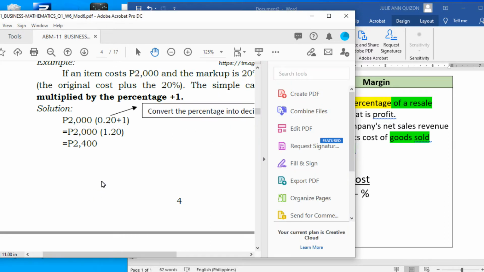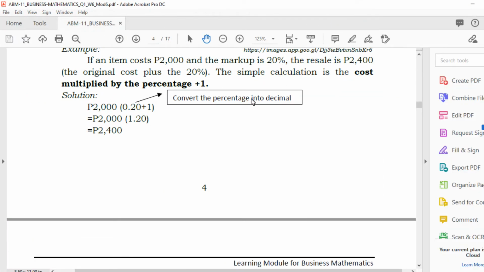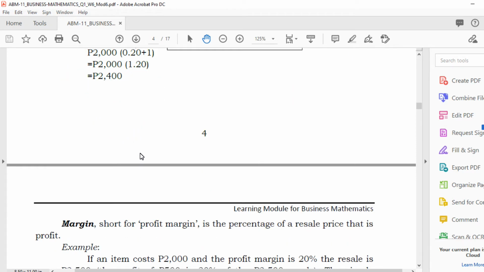Okay. So, 2,000 times 0.20 plus 1. Iko-convert mo yung 20% into decimal format. So, 2,000 times 1.20 equals to 2,400.